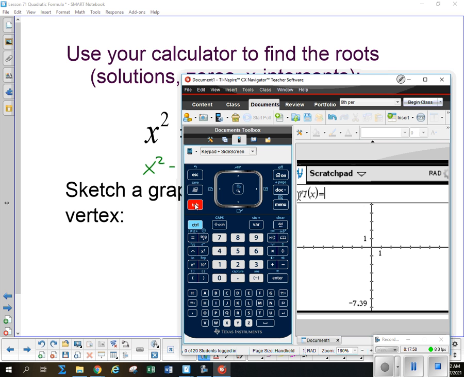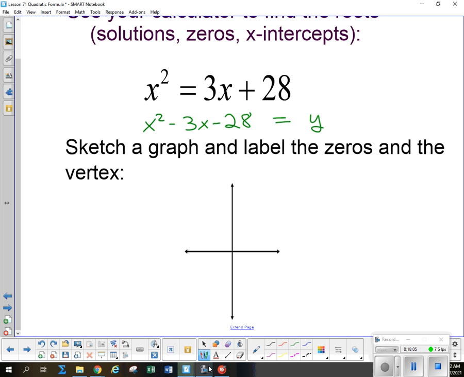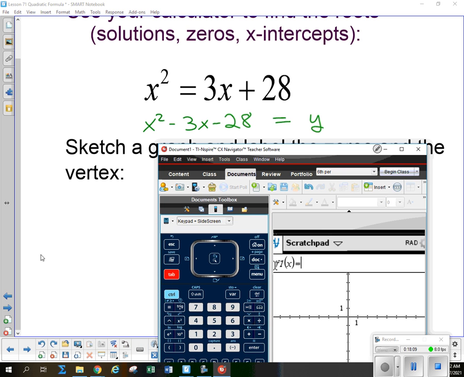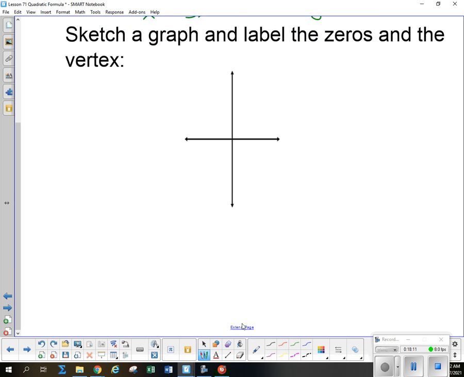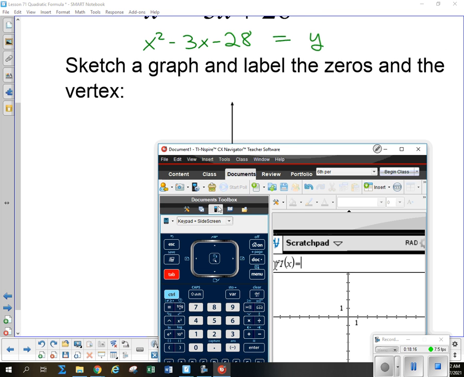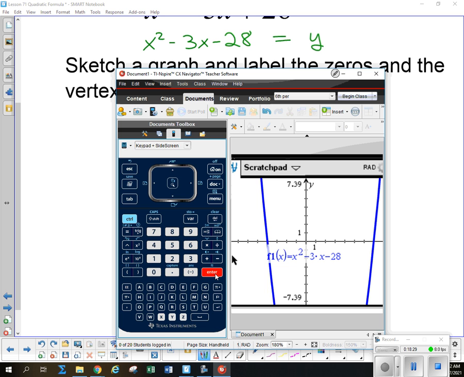Now I'm going to tab so I can enter my new equation. X squared minus 3x minus 28, and hit enter.